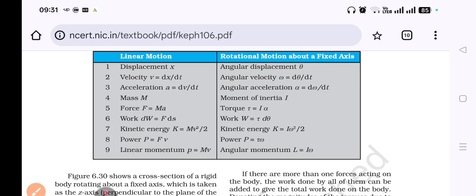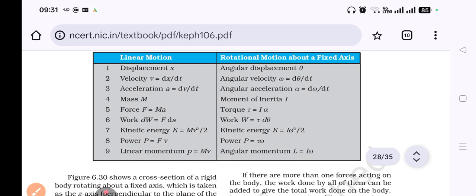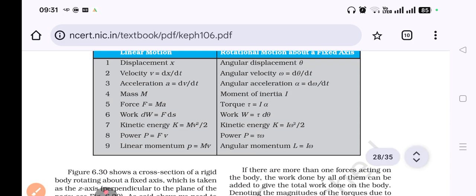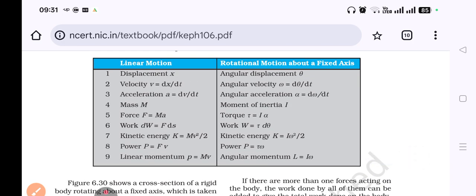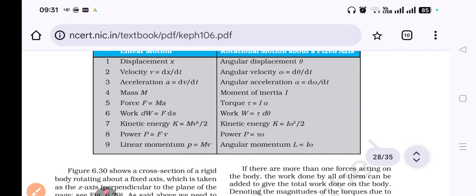In rotational motion this is omega, angular velocity, how fast the angle is changing, d theta by dt. Then acceleration is equal to dv by dt, and here we have angular acceleration alpha, which is how fast the angular velocity is changing with time.